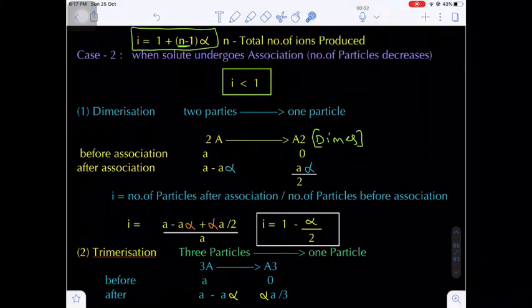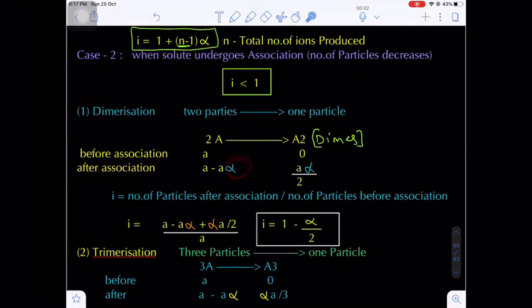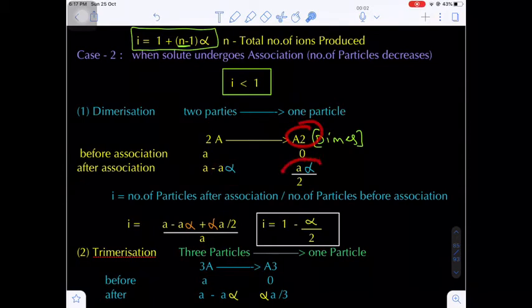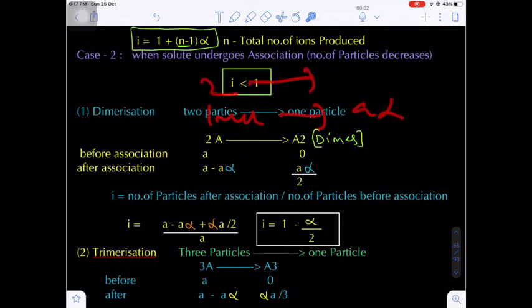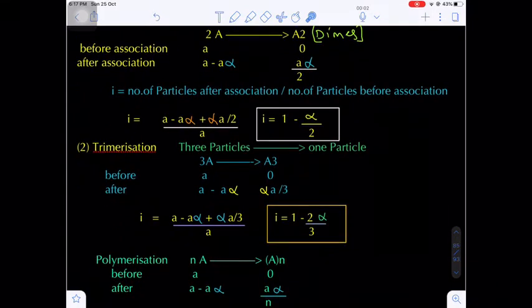Let's suppose initially I take A moles, and the moles of dimer are 0. From 1 mole, alpha mole associates, so from A moles, A alpha associates. How many moles of dimer will form? From 2 moles, 1 mole of dimer forms, so A into alpha by 2, that is A alpha by 2.